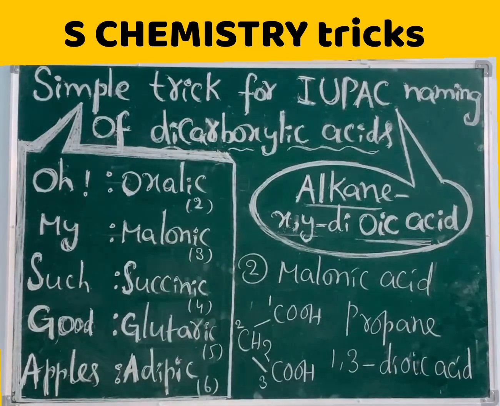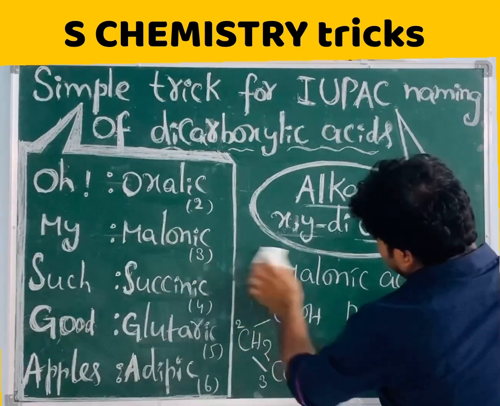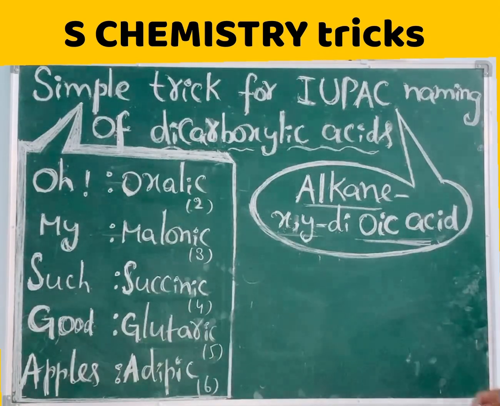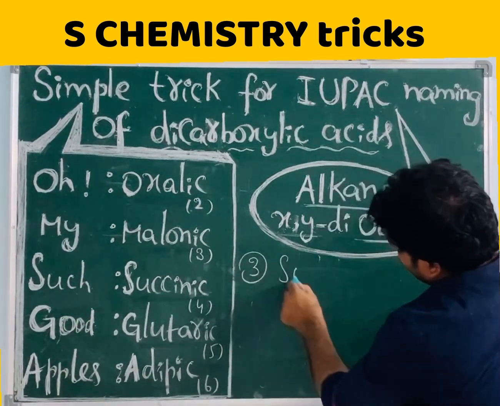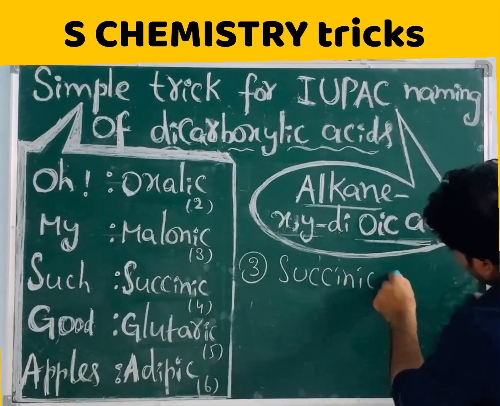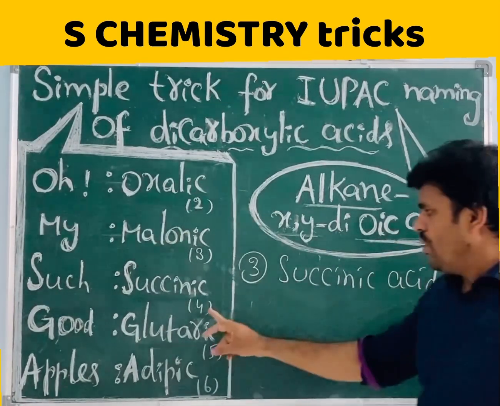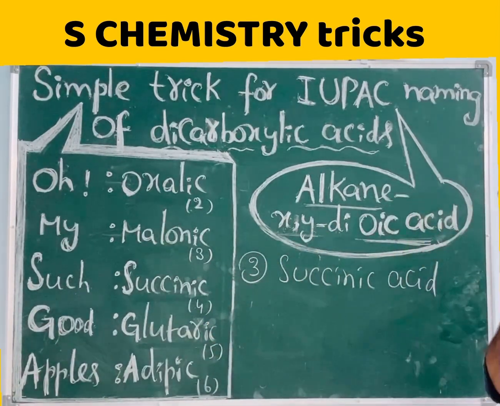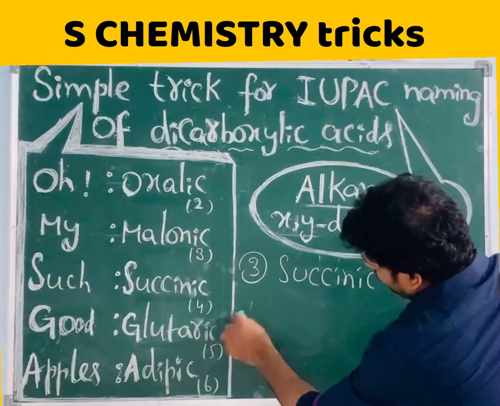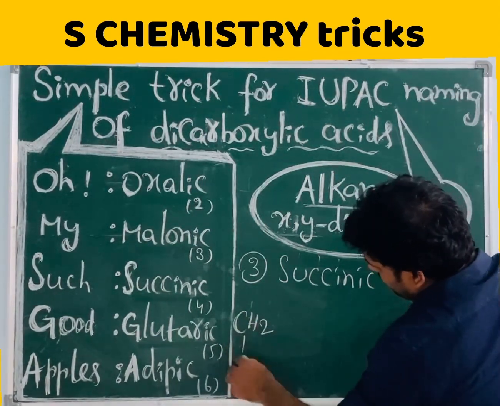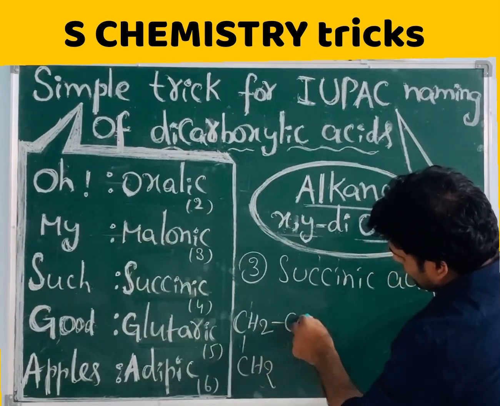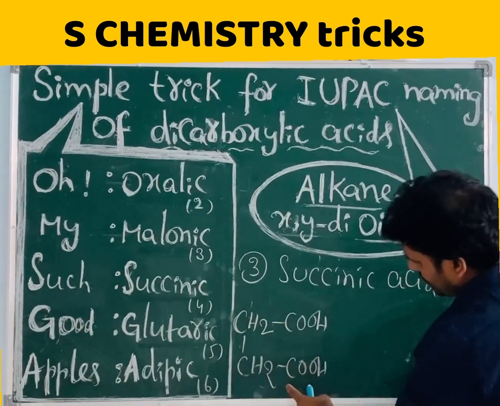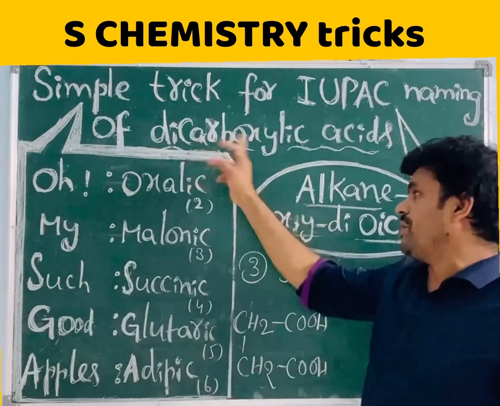Okay, next one students, the third example, succinic acid. Students, how many carbon atoms does succinic acid contain? 4 carbon atoms, and succinic acid is the common name of the 4-carbon dicarboxylic acid. The arrangement of the 4 carbon atoms in succinic acid is like this: COOH, CH2, CH2, COOH, because it is a dicarboxylic acid.